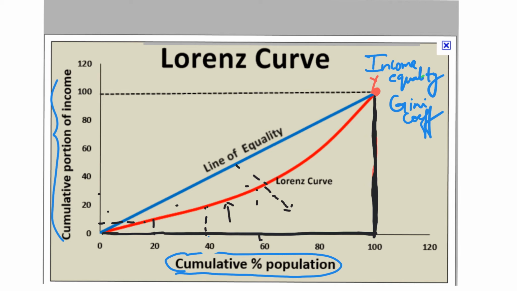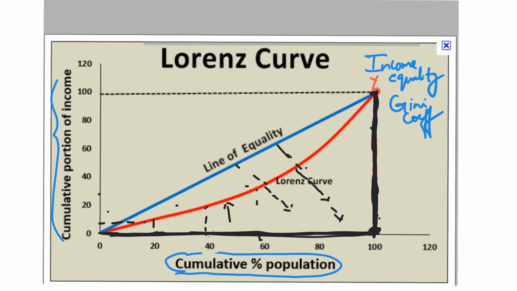That means in this case 0% of the population is having 0% of the income, 20% also 0, 40, 50, 60 having 0% of the income, and at this point 1% ultimately is having 100% of the income. This is complete inequality. So as the Lorentz curve, the red line, moves away from the line of equality, inequality is increasing, and the farthest point would be this, where one person is going to have 100% of the income.